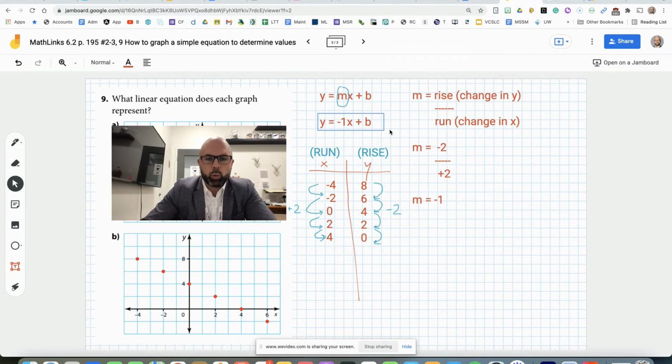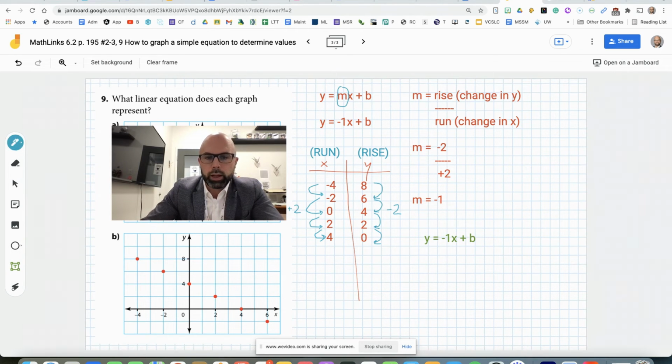Now, b is the y-intercept. So from the graph, we know that it occurs right at 4, but we can also solve for b using our equation. And I'm going to do that down here. Maybe I'll change colors one more time. Let's go with green. So I'm going to connect my linear equation over here. Y equals -1x plus b. Let's say I want to solve for b. Well, to do that, I need to plug in some x and y values.